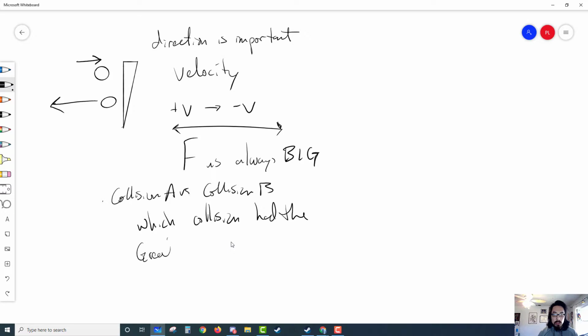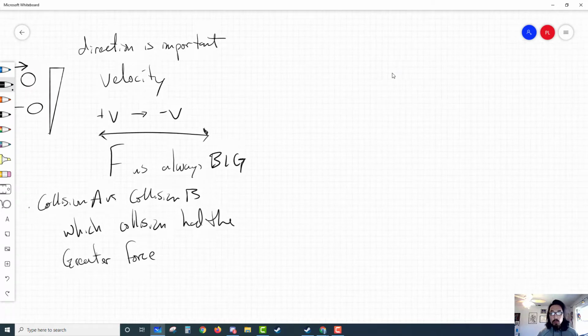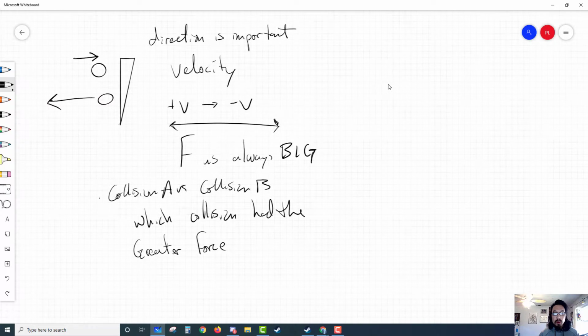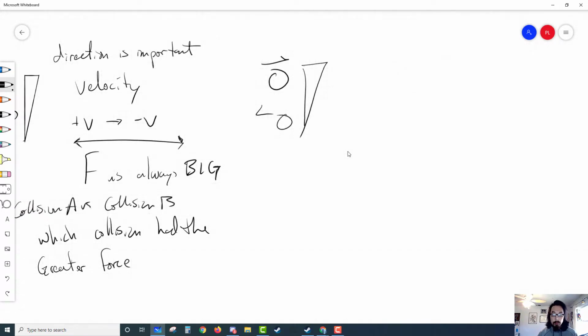So I'll give you a scenario here because I'm talking about it. Let's do the ball actually. Okay, so we have collision A. Collision A is when the ball is moving forward, it hits a bat, and the ball moves in the opposite direction. Okay, so we'll call this collision A.